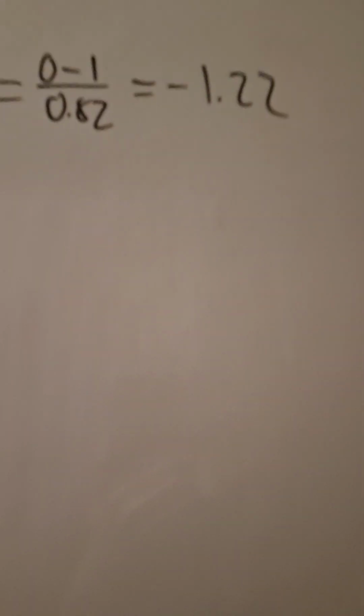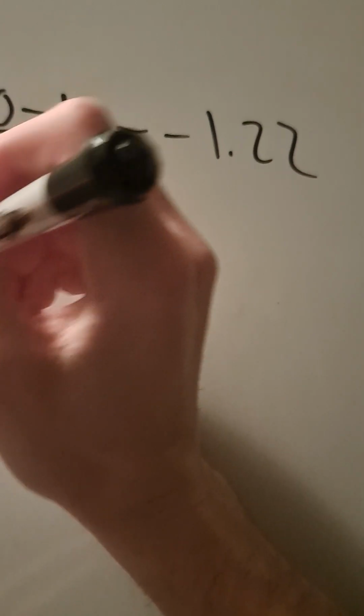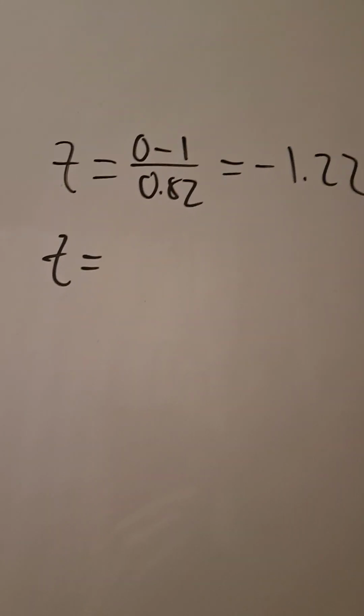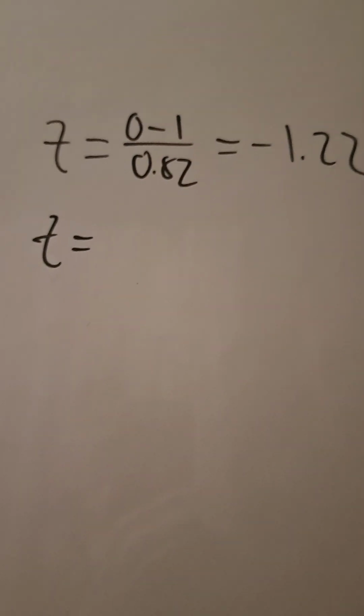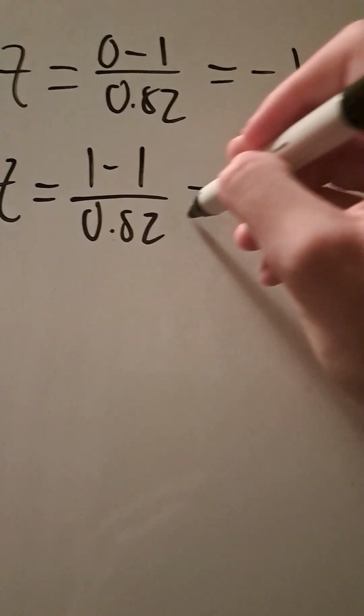All right, so that is our z-score for the first score, negative 1.22. Let's look now at our next one. We're going to have z equals 1 minus 1 over 0.82, and that is just going to be 0.